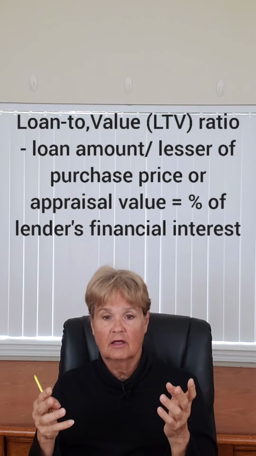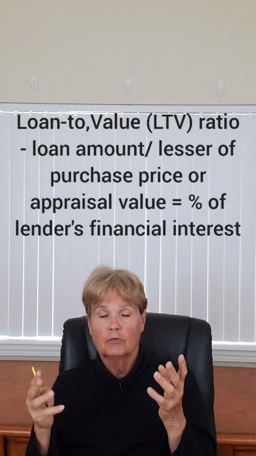So if the appraisal value is lower than the purchase price, then somehow the difference between the two has to be brought as cash to the closing table. Okay, so LTV, loan to value, either purchase price or appraisal value.